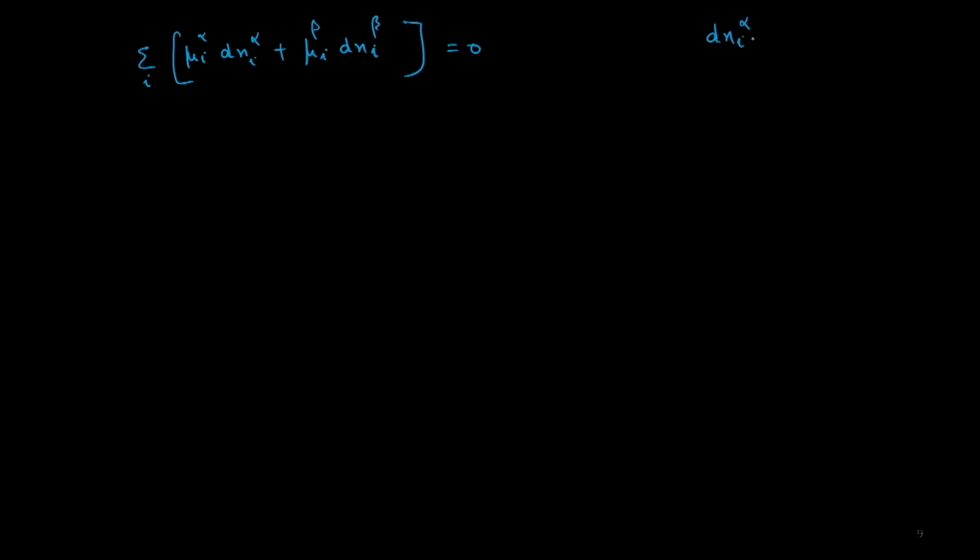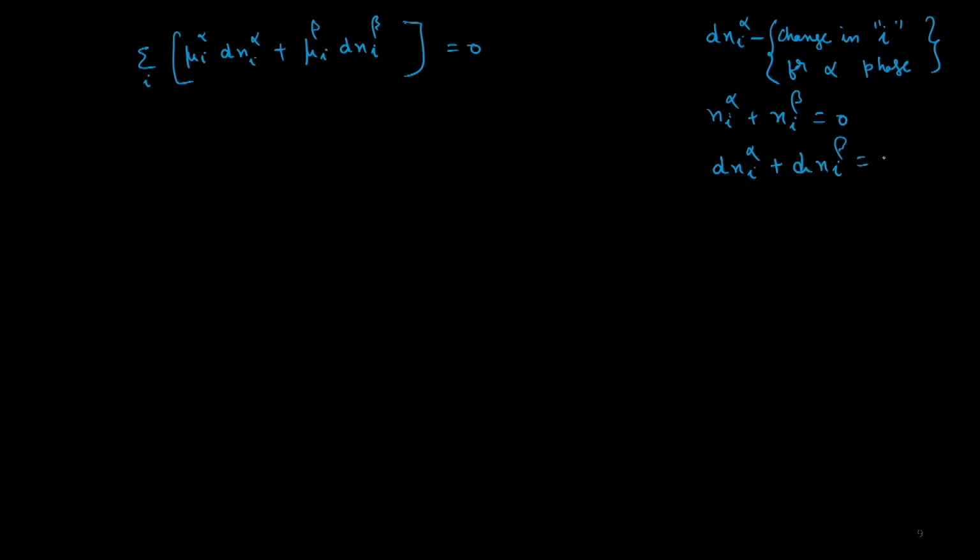Now, if you think about it, dNi alpha is the change in moles of i for the alpha phase, which means how many moles have changed from the alpha phase. And because the system is closed, this automatically means that dNi alpha plus dNi beta equals 0.